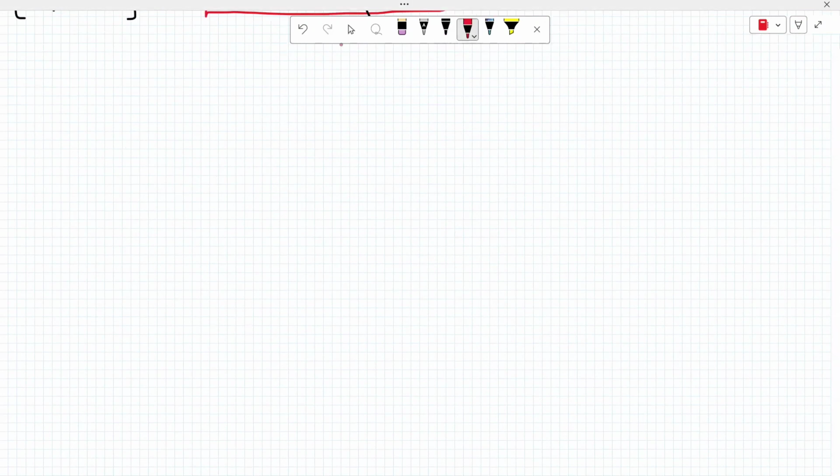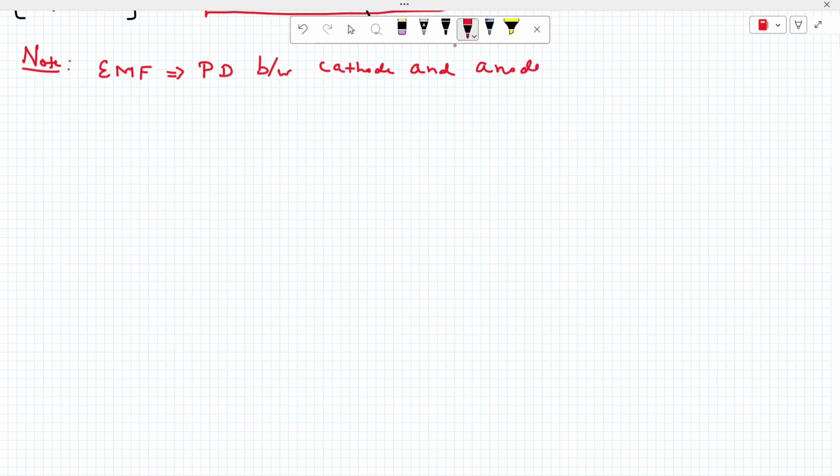Important point, please note. What is EMF? It's the potential difference between cathode and anode when no current is withdrawn from the cell.